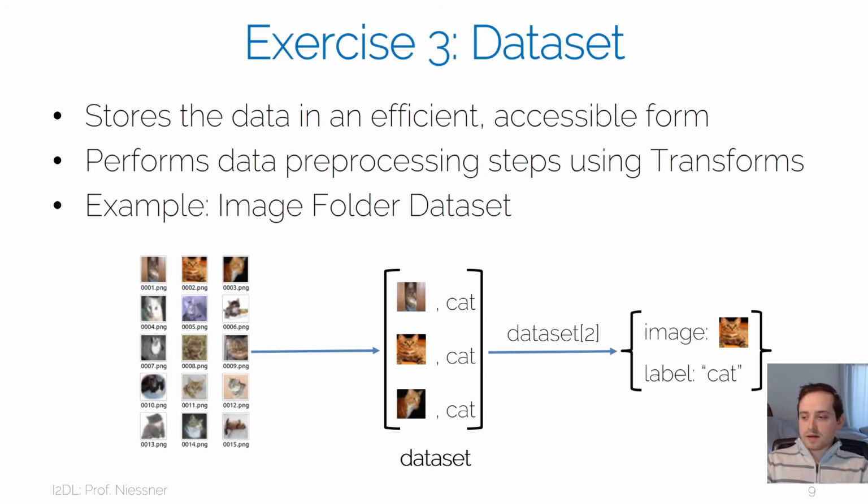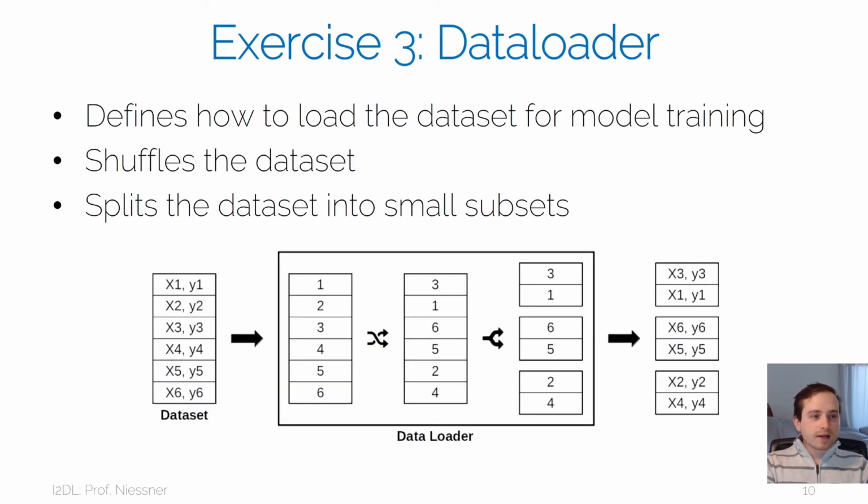You have to take this data and feed it into the model somehow. And that is exactly what the Dataloader class is going to be doing. It defines how to load the data set for model training. One important thing when you're doing stochastic gradient descent is the randomization of batches that you use for training.